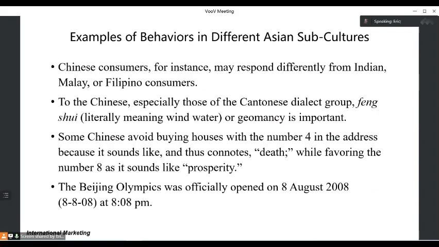Because some of you have entered China, you will face some culture differences. You will find some interesting aspects of Chinese culture.